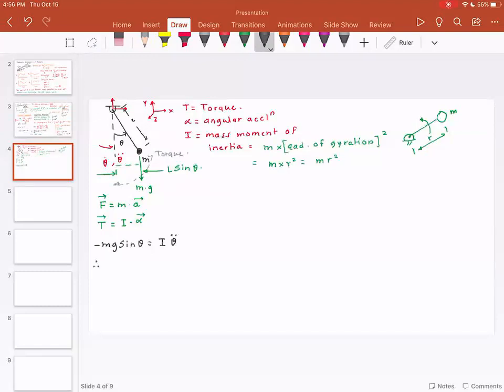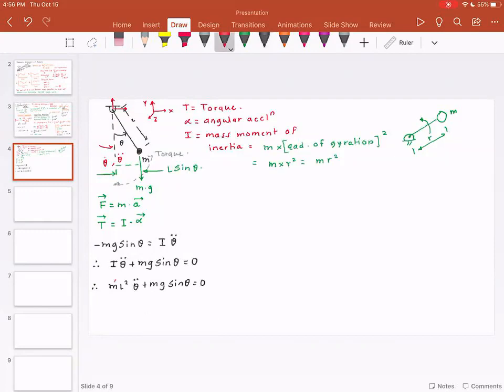In other words, the equation is I theta double dot plus mg sine theta is equal to 0. Now I is the mass moment of inertia, which is ml square, so ml square theta double dot plus mg sine theta is equal to 0.